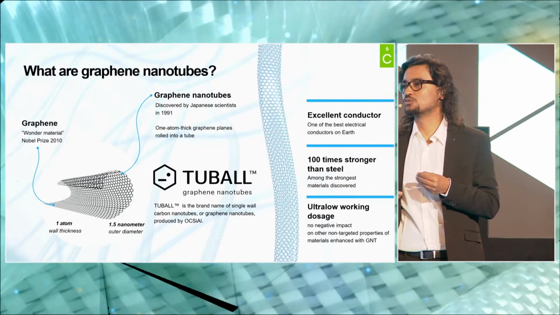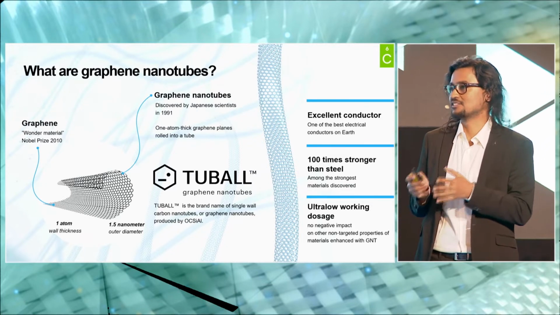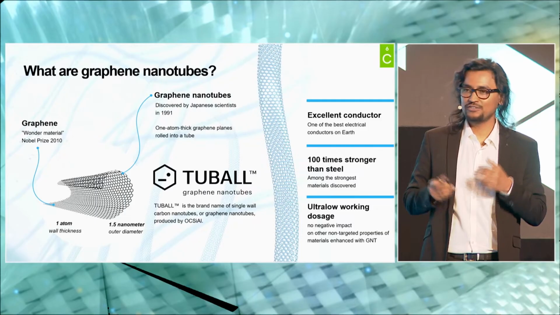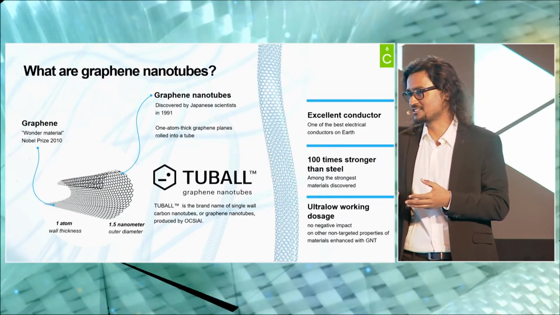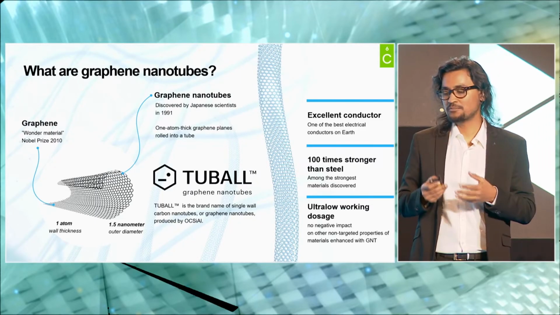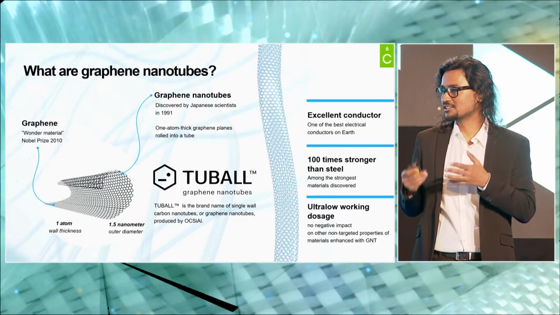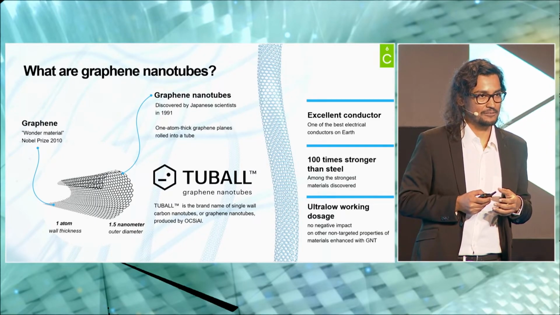So the working dosage is ultra low. I'm talking about parts per million in some cases. All of these properties make graphene nanotube a universal additive, which you can put in a lot of polymers and get the properties of conductivity and mechanical reinforcement in some cases.